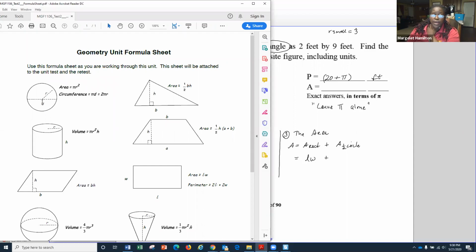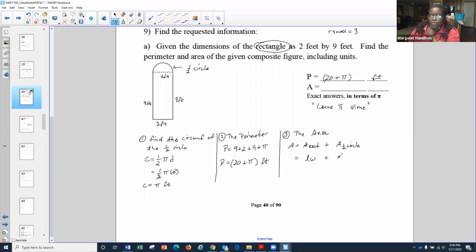So the area of our circle is pi r squared. So remember, we only need half of it. So 1/2 pi r squared. Again, this is why it's important to write your structure out so you can see what you're plugging in, what it's going to be.